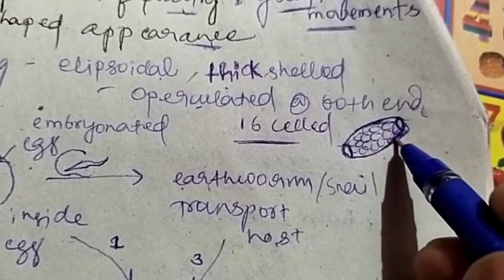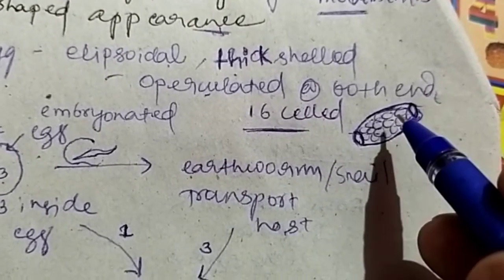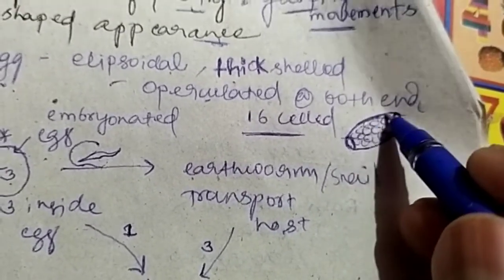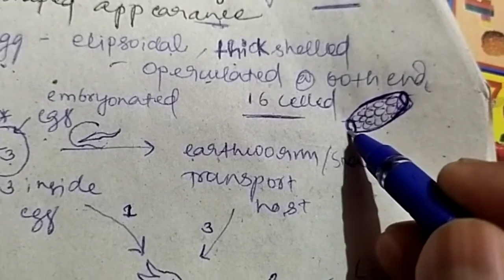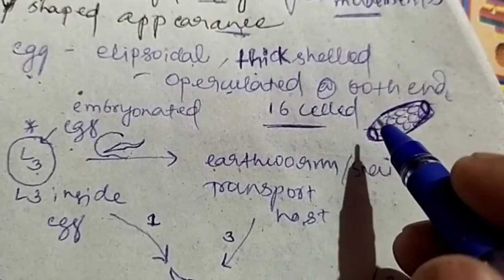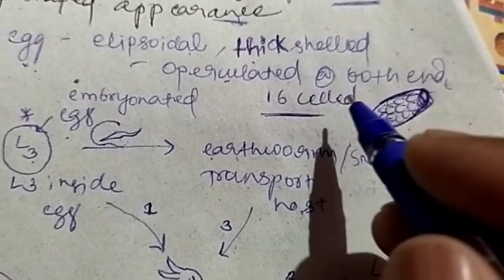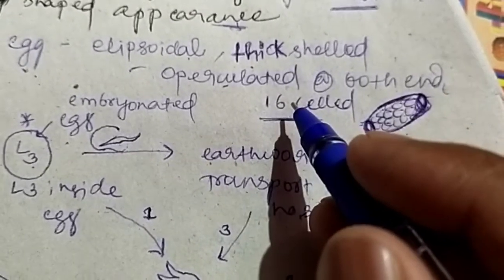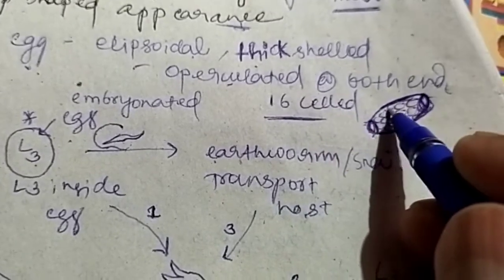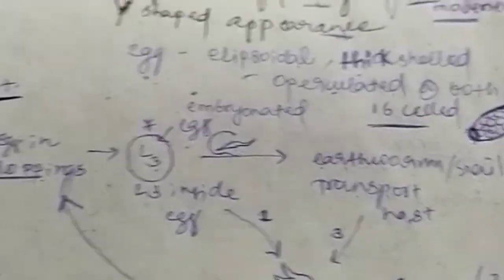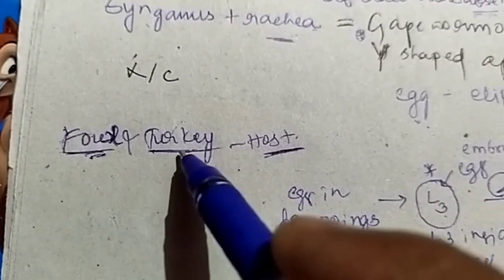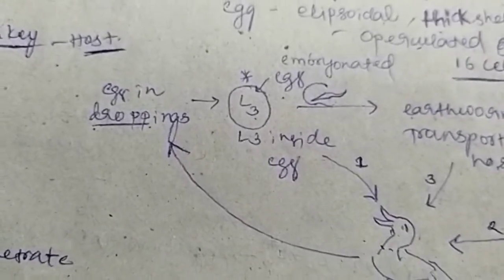The egg is ellipsoidal in shape and is covered by a thick-shelled membrane, and the egg is operculated at both ends. Generally these eggs are 16-celled, and the host is fowl, and sometimes it is found in turkey.